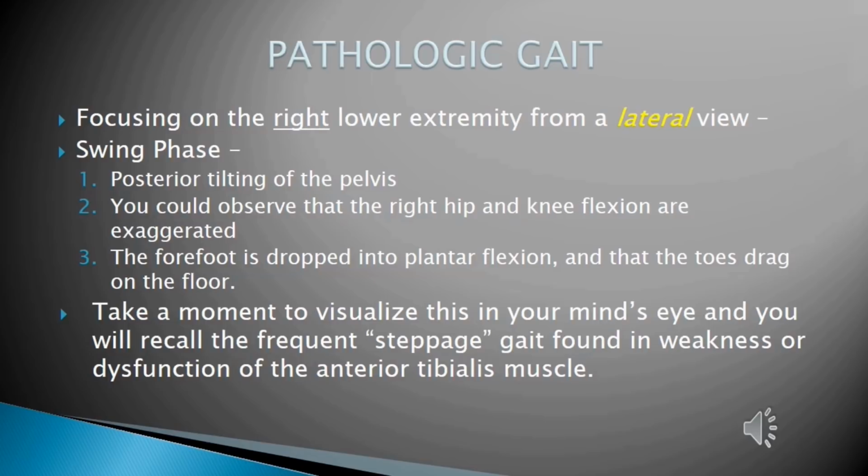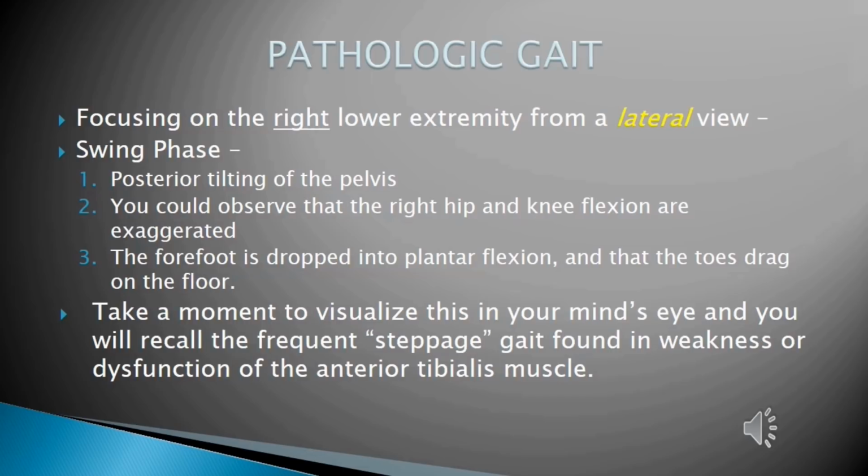Many examinees you'll find have an outward rotation of the hip and the ankle that allows the toes to clear the ground more laterally rather than in the anterior or sagittal plane.